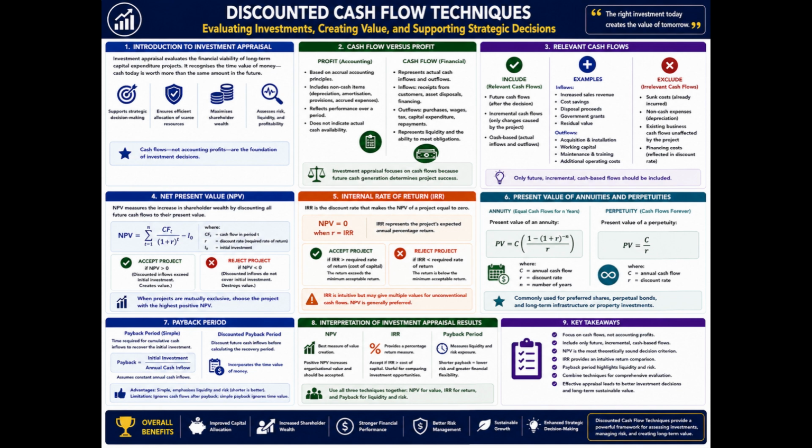NPV provides a primary measure of value creation. IRR facilitates performance comparison through percentage returns, and payback highlights liquidity and risk considerations. Together, these discounted cash flow techniques provide a comprehensive framework for evaluating capital investment projects and supporting long-term strategic decision-making in management accounting.